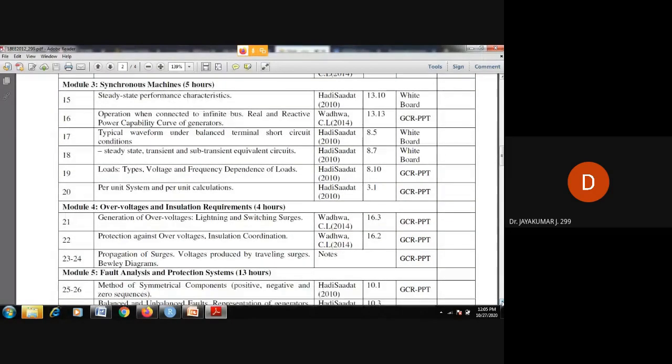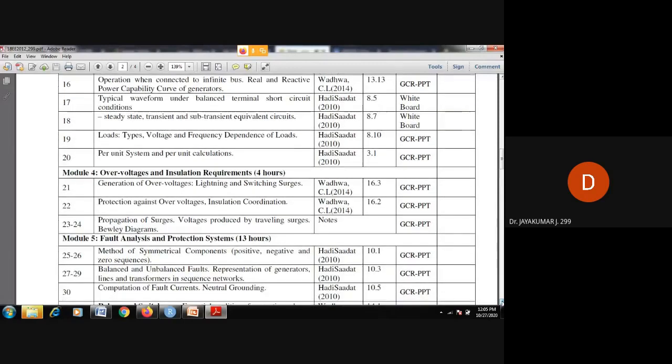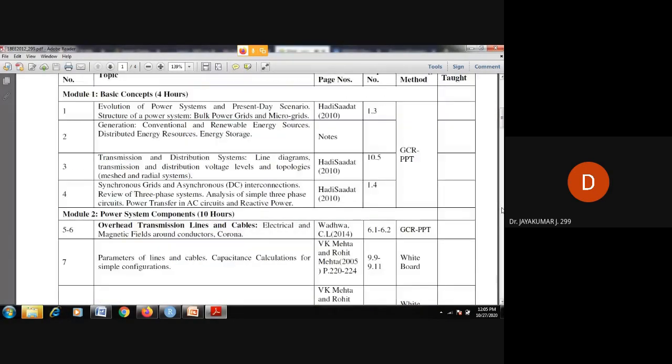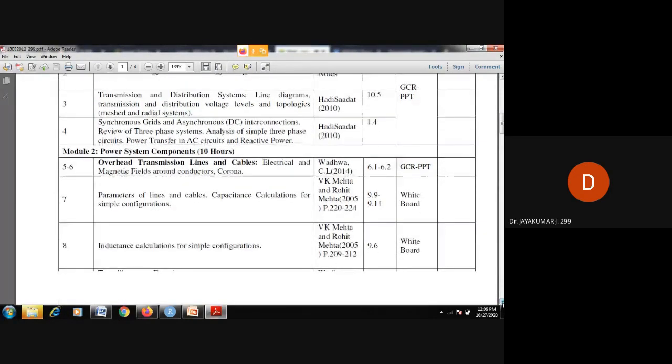We have completed 4 units, purely theory portion. In our syllabus it is 3-0-0, a fully theory paper. Maybe sometimes they ask some problem in module 2 in the GATE exam, not in our regular syllabus.